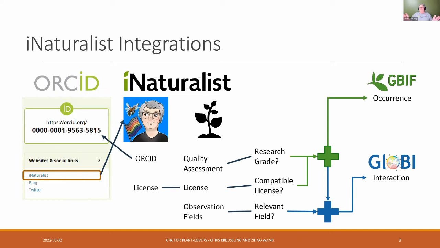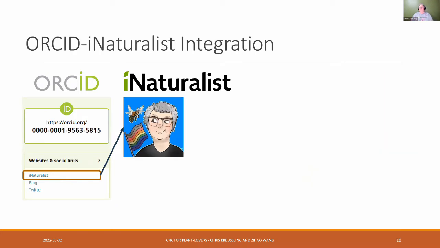Don't worry about this complicated picture. This is just an overview of all the sort of connections that we're going to be talking about. So we're going to revisit this at the end once we've explained everything. So first of all, ORCID, if you have registered with ORCID, you have a record, what ORCID calls a record. And you can go to the ORCID site for anybody who's registered there and look at their page and see a bunch of information about them, like papers they've published and so on.